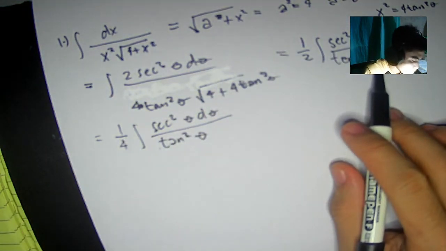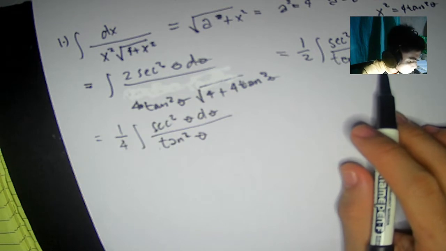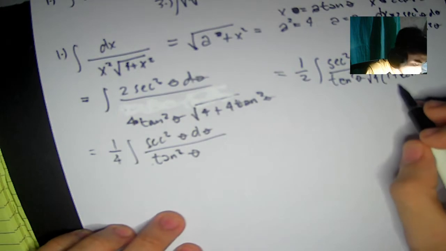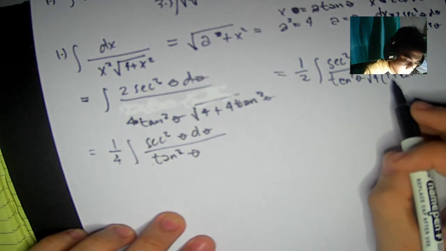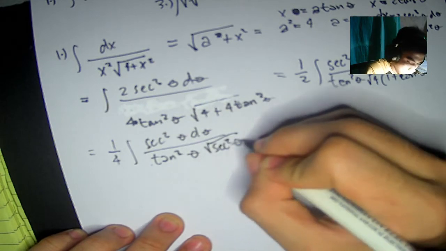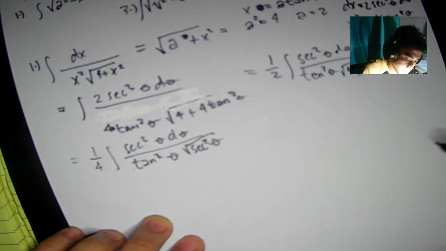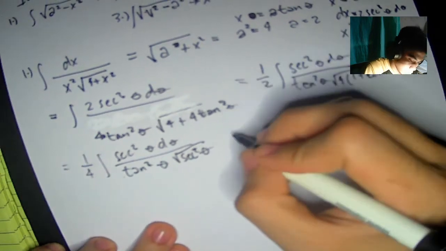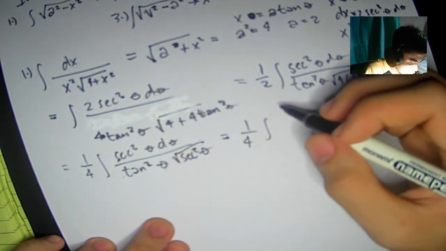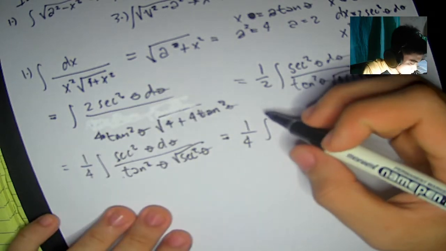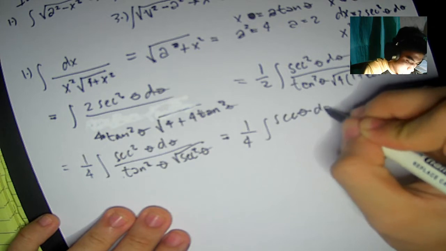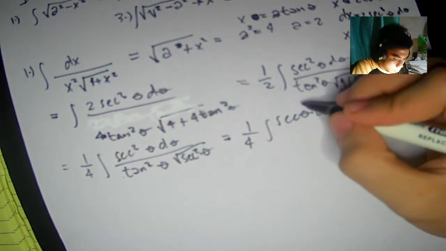So what will happen here? This will become secant squared theta, so equals 1/4 secant theta d theta, squared.